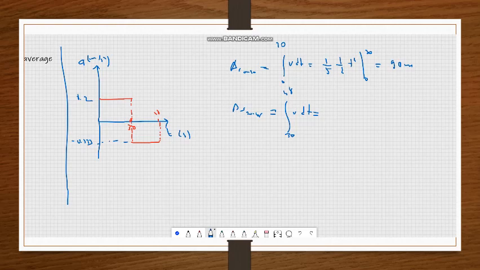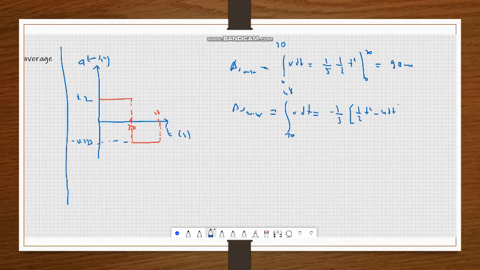It was minus 1 over 3 (t minus 48), so I can say the minus 1 over 3 is outside, and in the parentheses 1 over 2 t squared minus 48t.